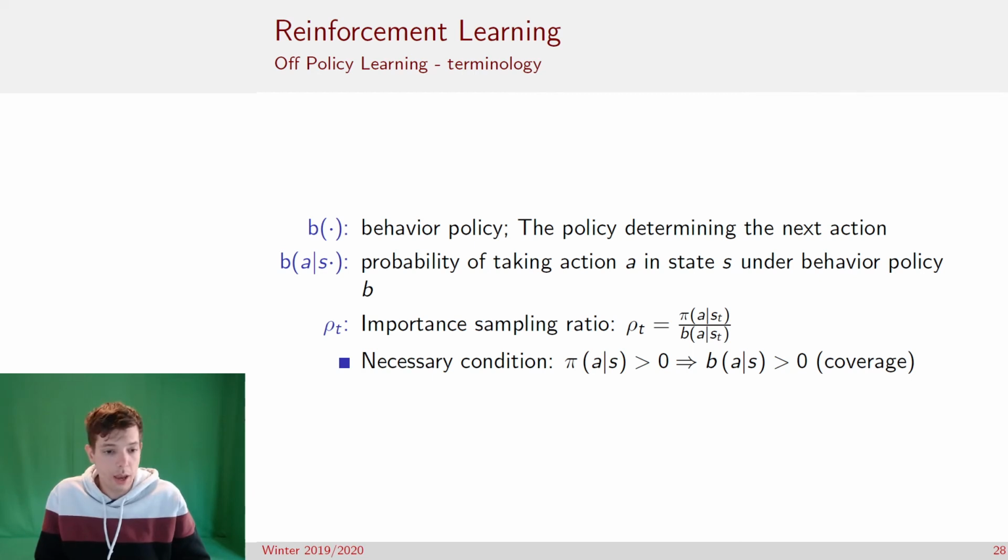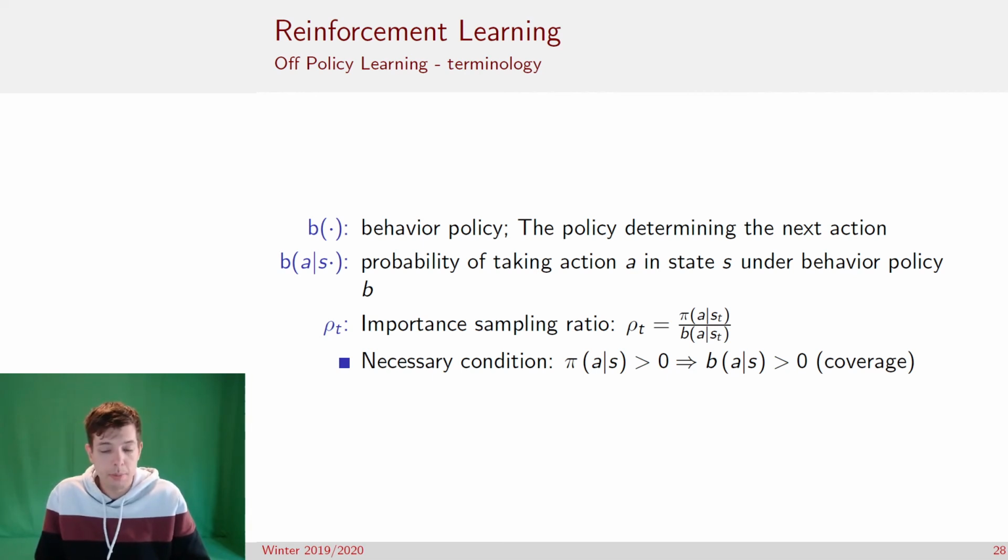And the behavior policy, if you look at code, has the same structure as the actual policy we want to learn. And then we can compute the importance sampling ratio that is directly taken from importance sampling, where you want to compute the expectation of a certain distribution by using another distribution.